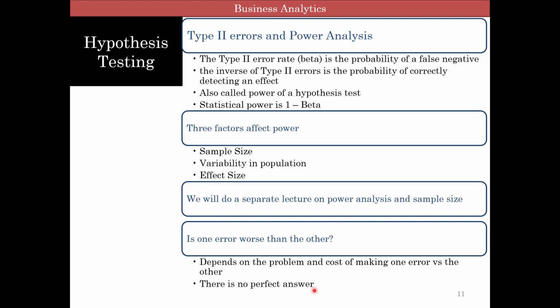A false positive means they think you have cancer when you don't. Is that worse or more expensive than saying you don't have cancer when you actually do, right? In this case, from your perspective, you would prefer them to go take a larger sample and reduce both the errors. And that's what normally medical doctors do.